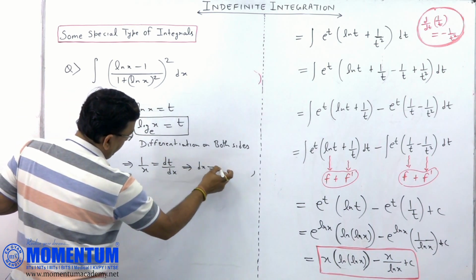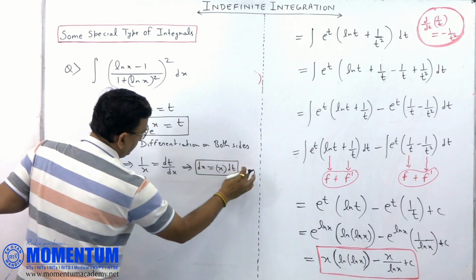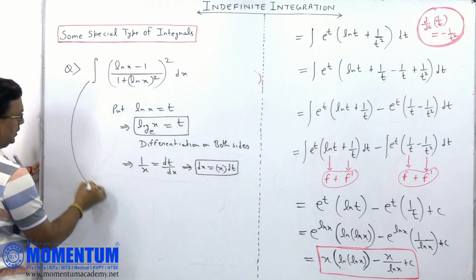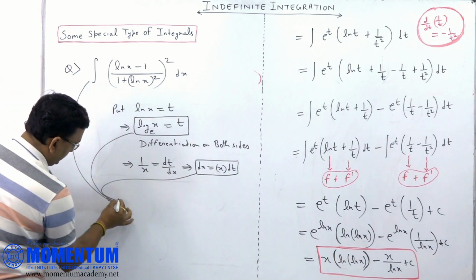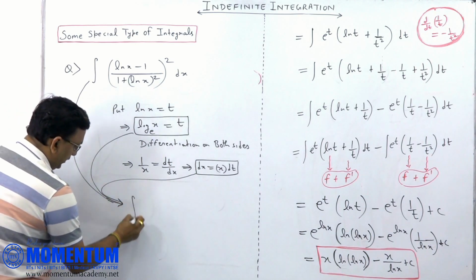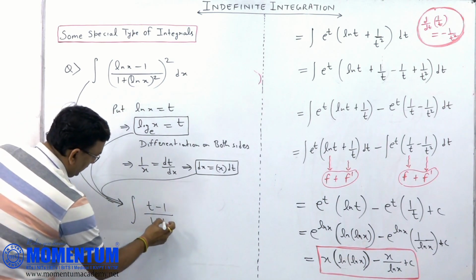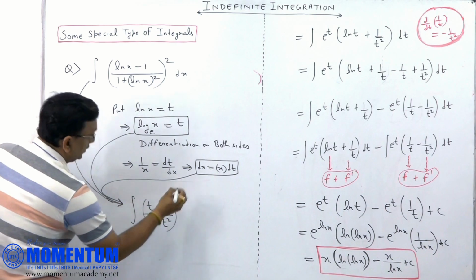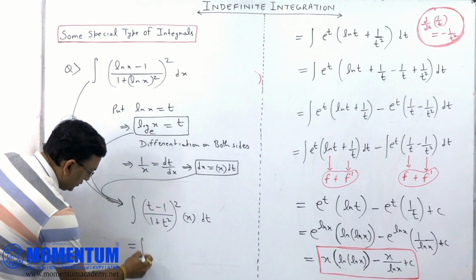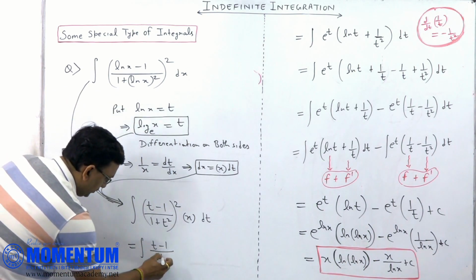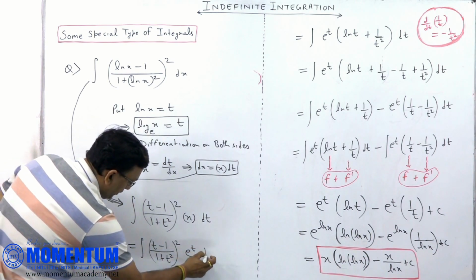It implies that dx is equal to x dt. Now in our integral, substitute this value of dx. What will we get? t minus 1 upon 1 plus t square whole square in place of dx, x dt. So t minus 1 upon 1 plus t square whole square, x dt.